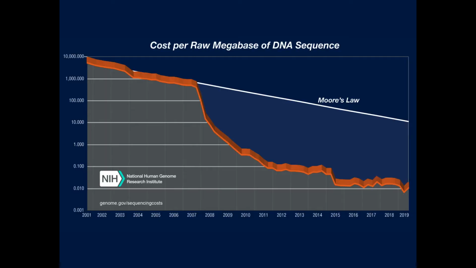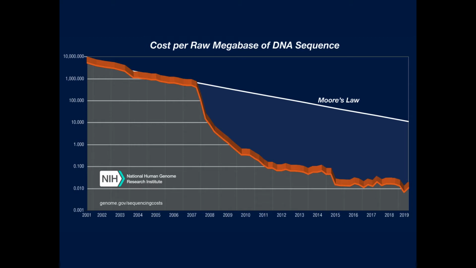If we look at it over time, and think about what it costs to sequence a megabase, or 1 million bases of DNA, we can see that cost has pretty much been falling exponentially for a good period of time. It's leveled off now, but it's just a matter of time before there's some new innovation that pushes it even farther.